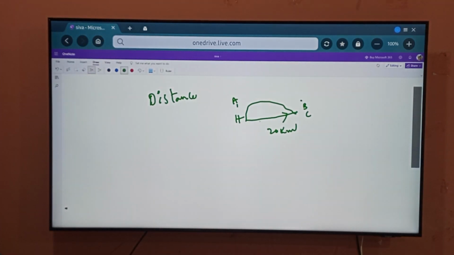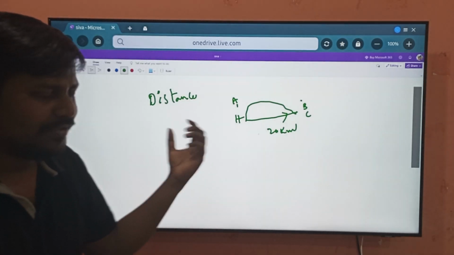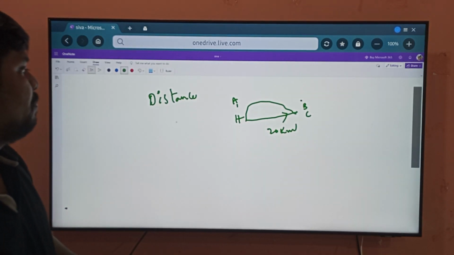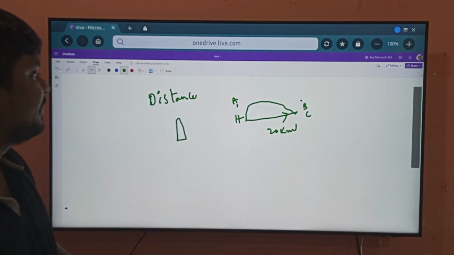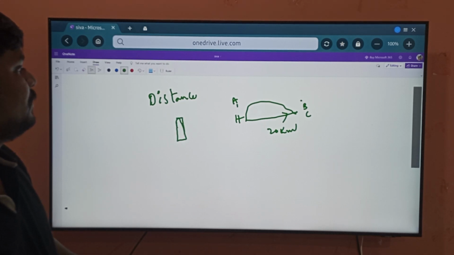Mass is another example. The chalk piece weight might be 12 grams or 10 grams.